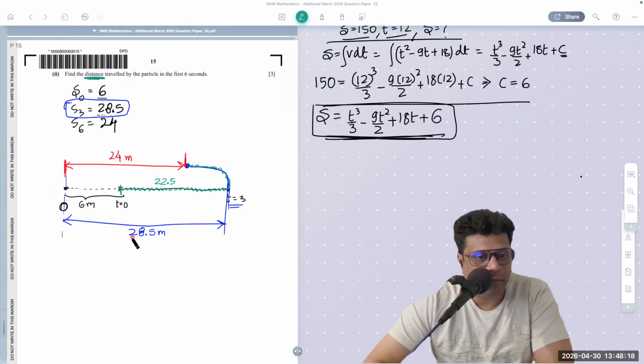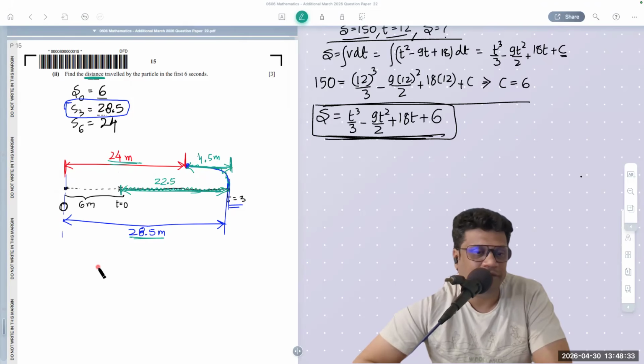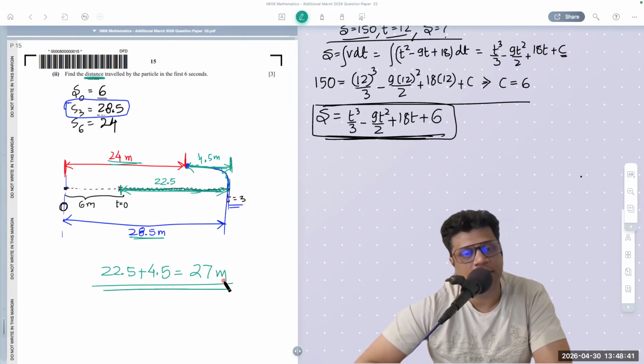And from 28.5 to 24, the length has reduced by 4.5 meters. So this thing is 4.5. This thing is 22.5. Overall, you've moved 22.5 plus 4.5, which is 27 meters. That is your answer for this question.